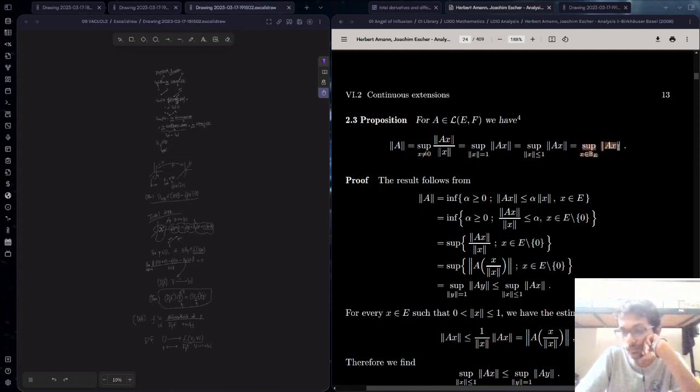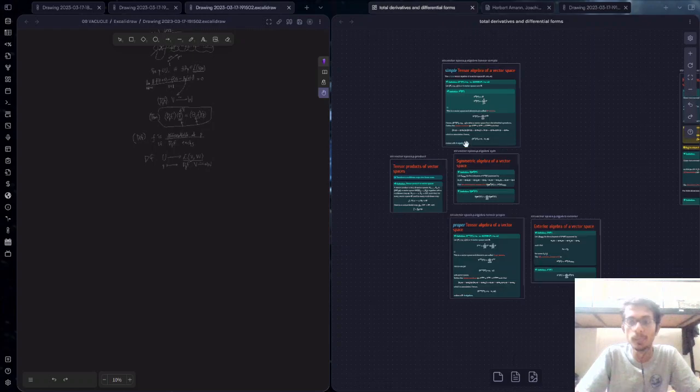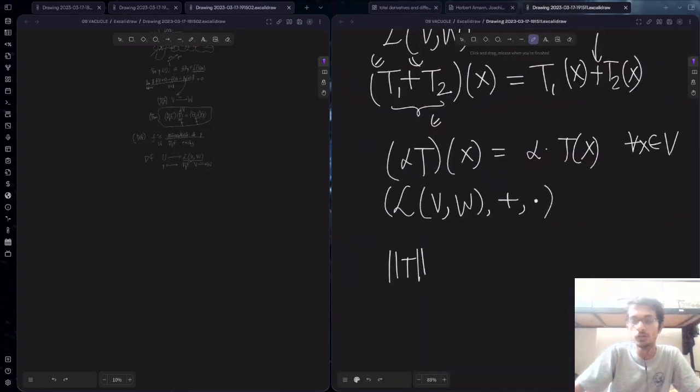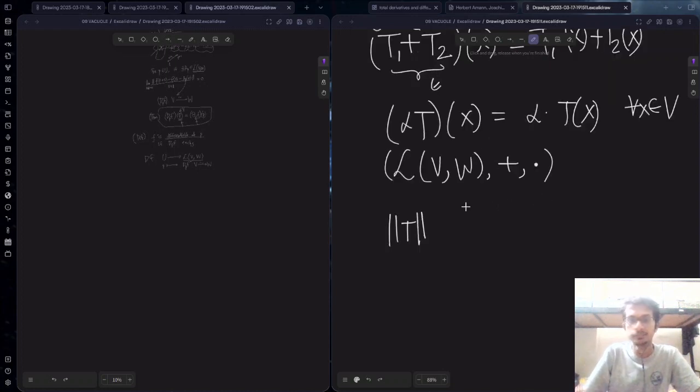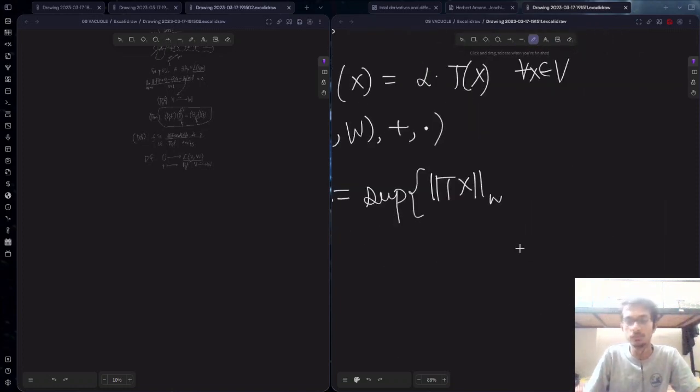So the norm of T is defined as the supremum of the norm of T of x. This is the norm in W, because T of x is an element of W, such that the norm of x is equal to 1.